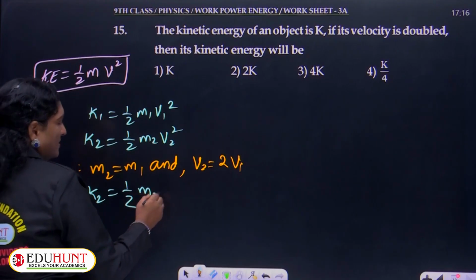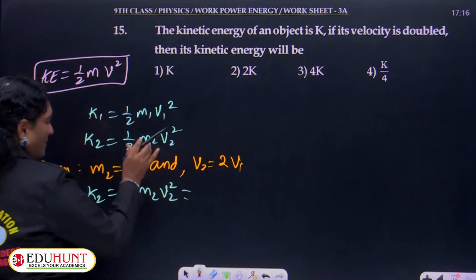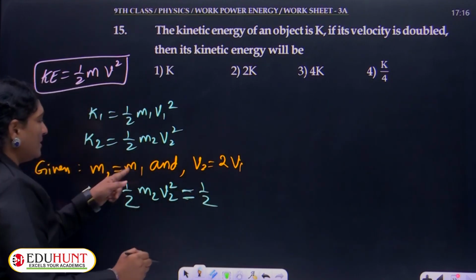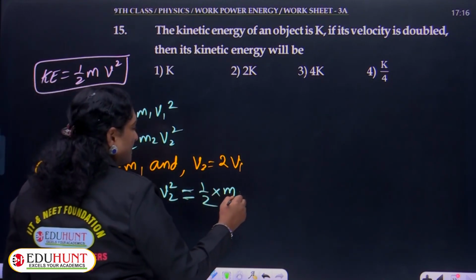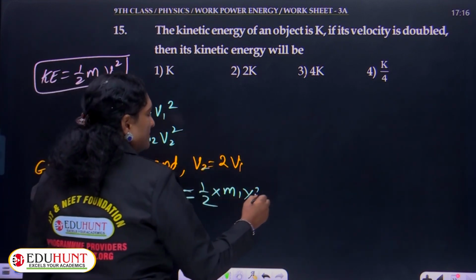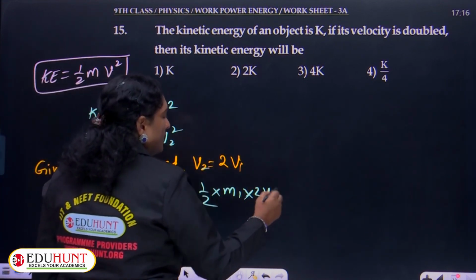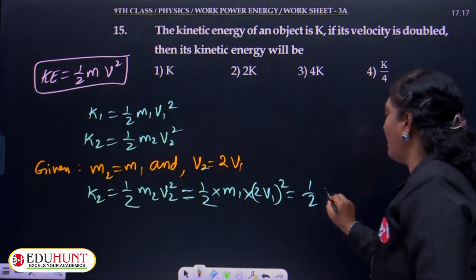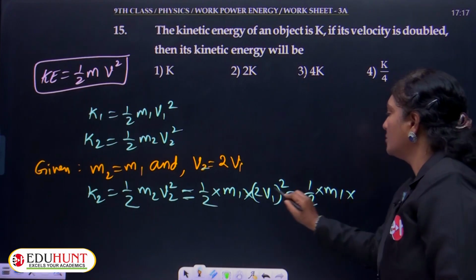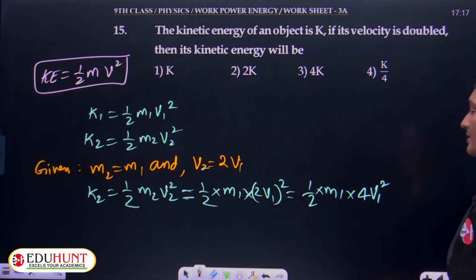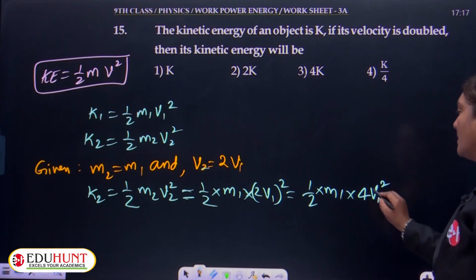K2 equals half m2 v2 square. So m2 should be replaced with m1, and v2 should be replaced with 2v1 whole square. Simplifying further, you get half m1, 2v1 whole square, which is 4v1 square.